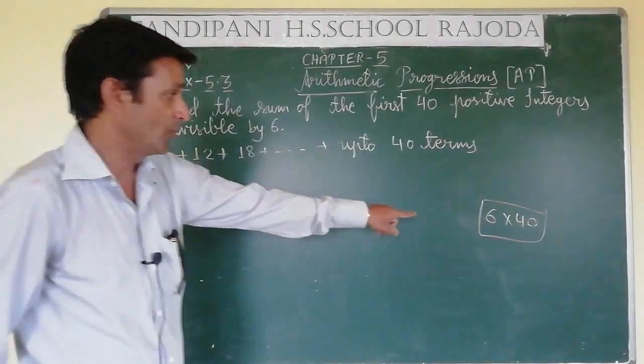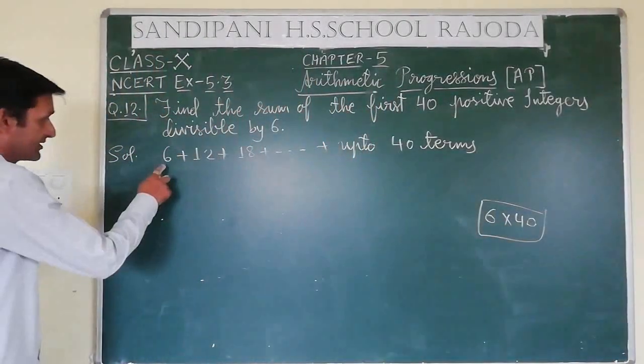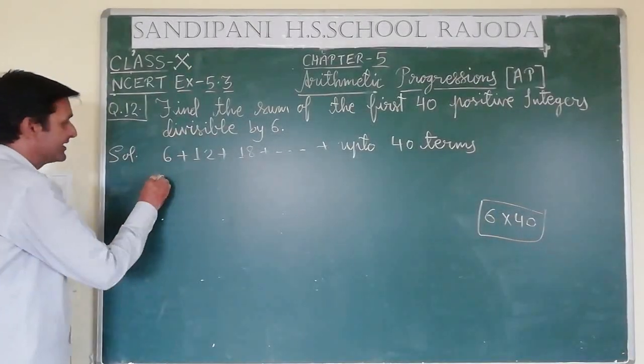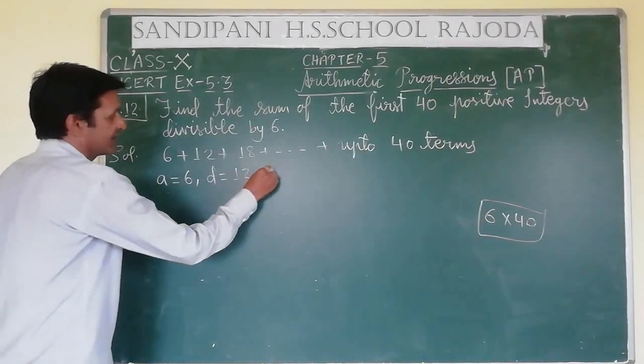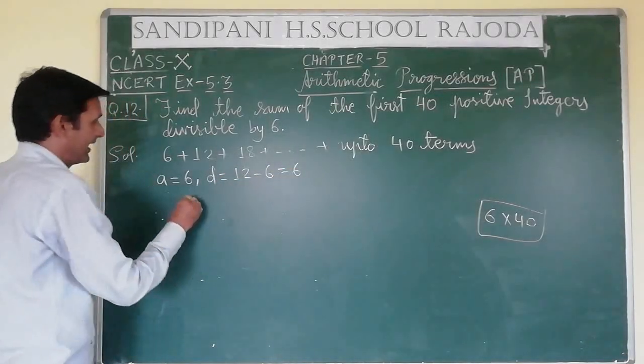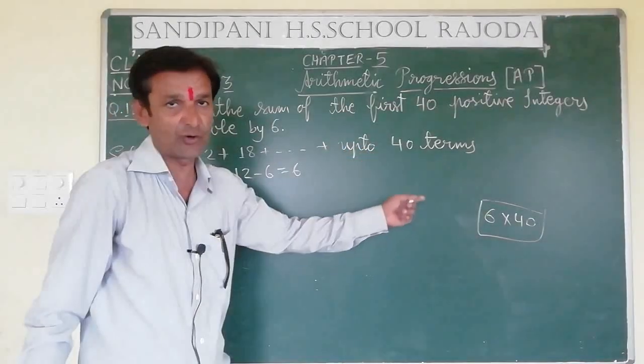The last term will be 6 into 40, that is 240, because 6 ones are 6. So now a is equal to 6 and d is equal to 12 minus 6, that is 6, and n is equal to 40, because up to 40 terms we have to add here.